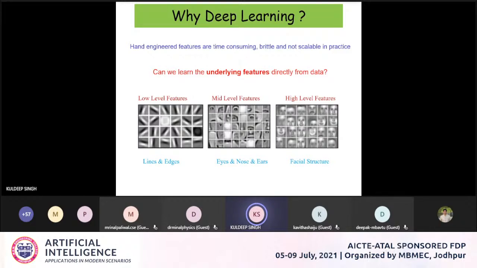As we go deeper into the network, we will be able to extract the mid-level and high-level features, like the facial structures in the case of face recognition models. We also call the features computed in the traditional machine learning pipeline hand engineered or handcrafted features, and they are very time consuming and not scalable in practice.